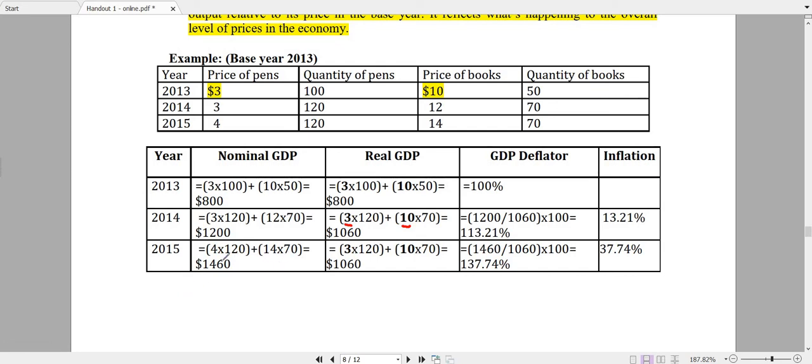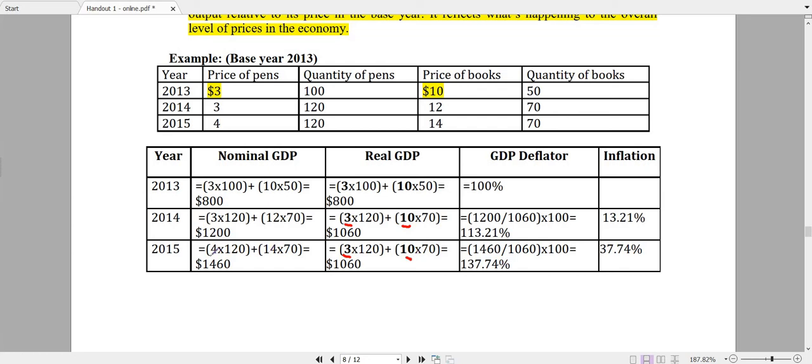And again, for that, you first need to compute the nominal GDP for 2015. And this is how you compute the real GDP for 2015. The only difference between the calculation of nominal and the real GDP is that I am keeping the price level constant.